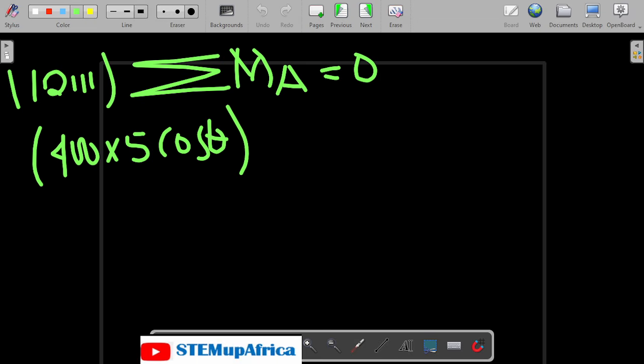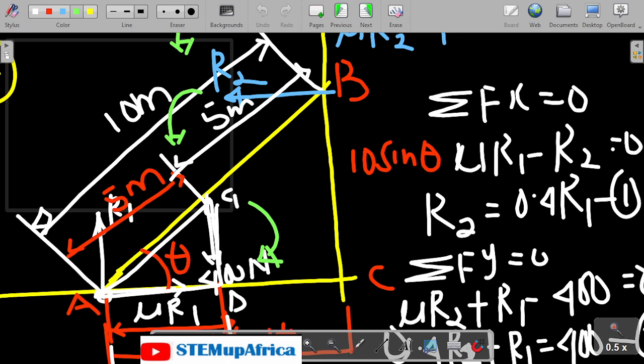What is the perpendicular distance to that 138? It is 10 cos theta.